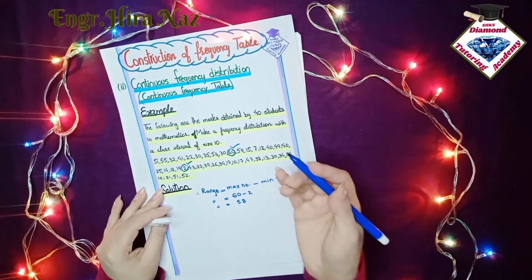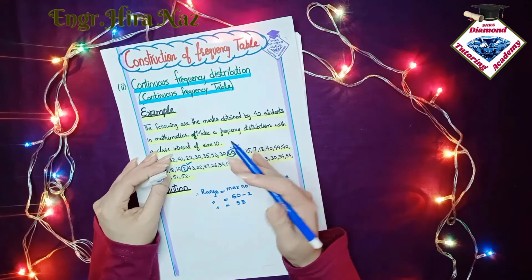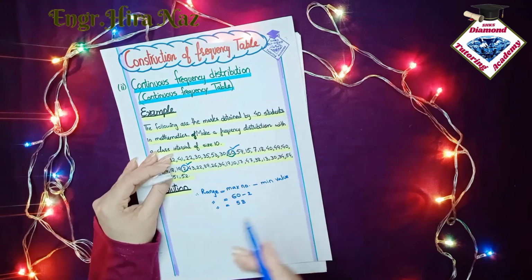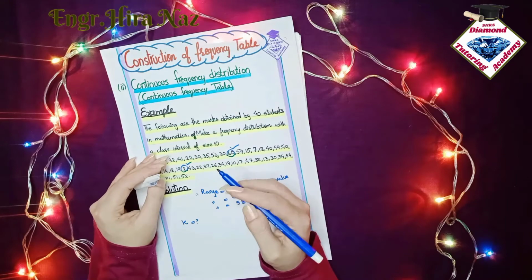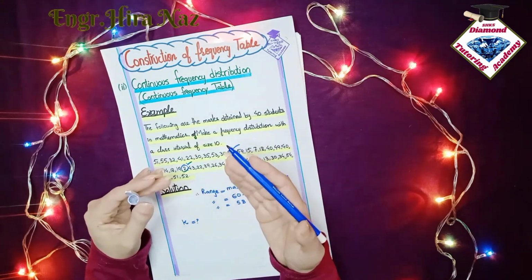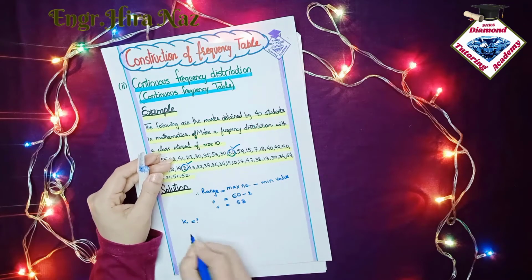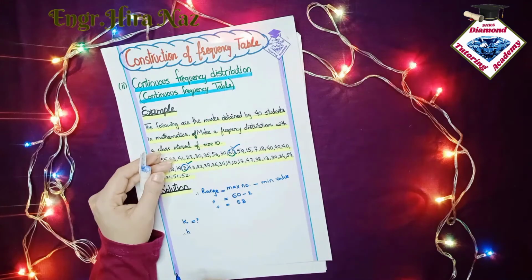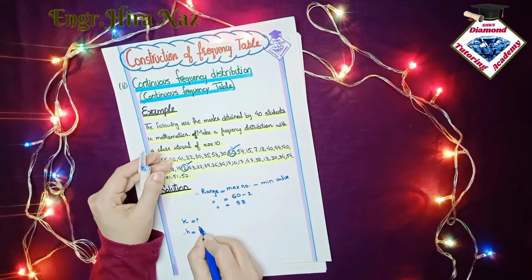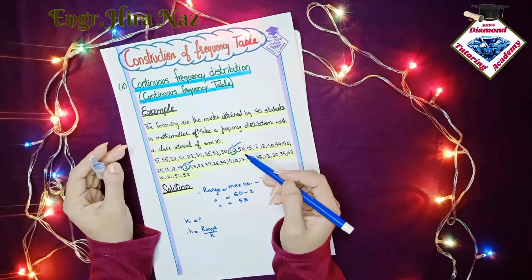Now our next step is to decide the number of groups, which is denoted by K. It means we have to decide how many groups or classes we want to make. The third step is to determine the size of a class, usually denoted by H, and the formula for H is range divided by K. Look at our example.